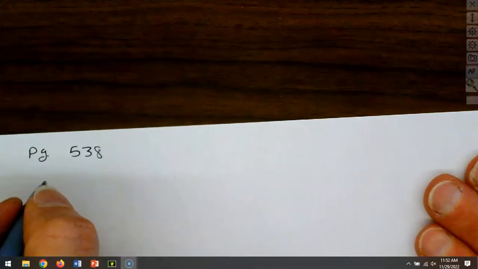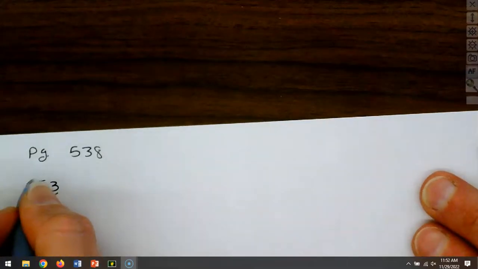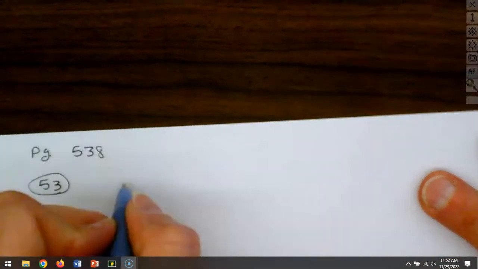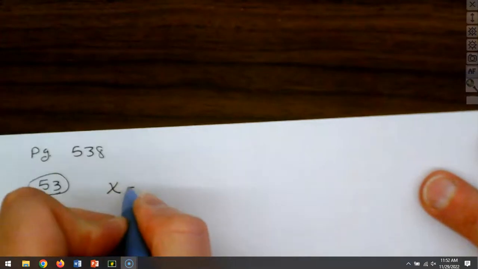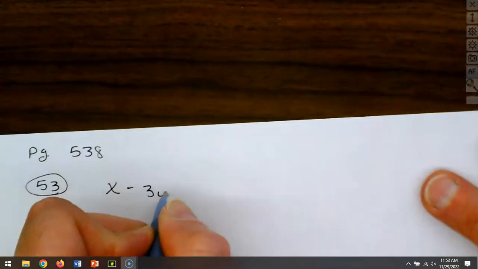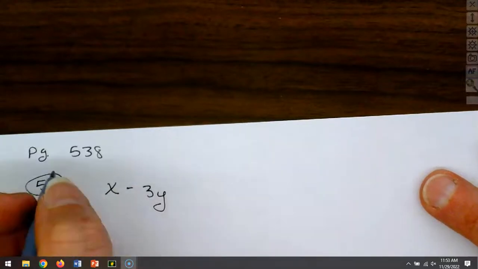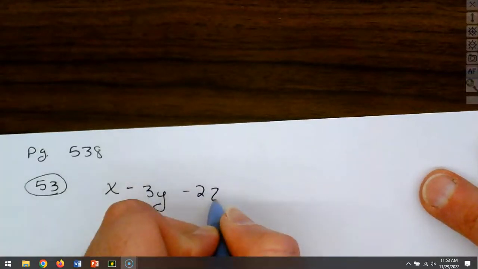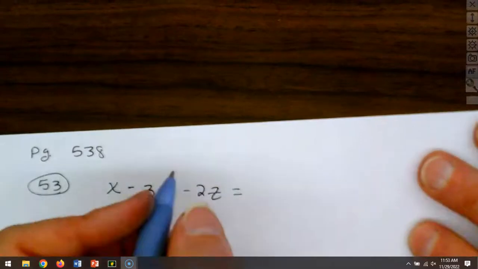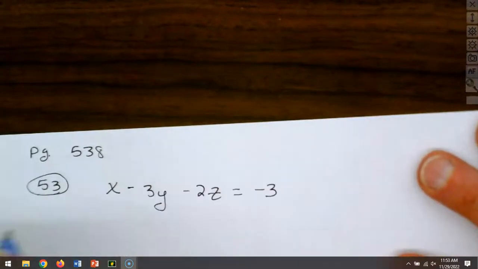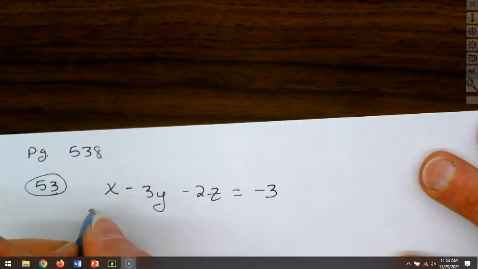Question 53. These are not really that difficult. You just need to be very, very careful with signs. Because it is so easy to write something down wrong, or add wrong, or multiply wrong.